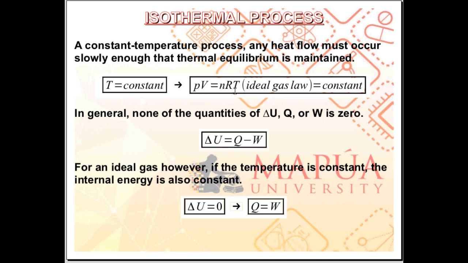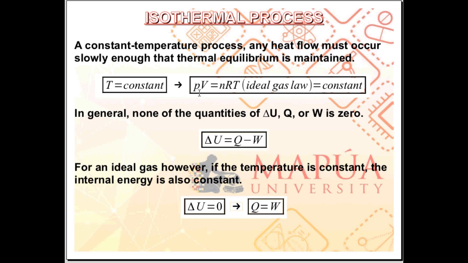If T is constant and the gas is constant, we do not change the gas, n is constant, R is constant. That means nRT is constant, which means PV, pressure times volume, is constant. So P1 V1 is equal to P2 V2 is equal to P3 V3 and so on.